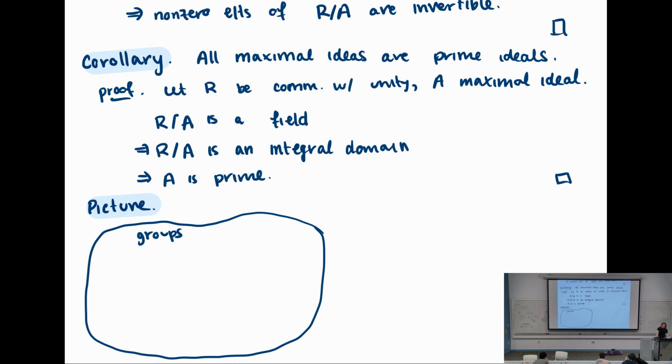And for the sake of comparing with rings, I'm going to only look at groups under addition. Okay, so this is the most general object that we've looked at so far. And then within that, you could look at abelian groups with addition.